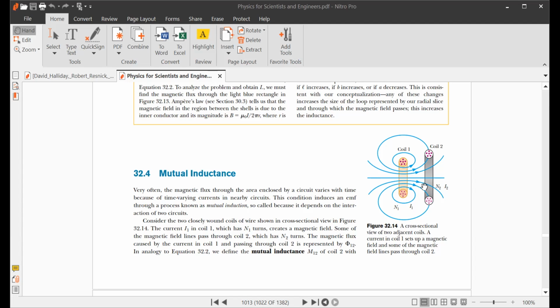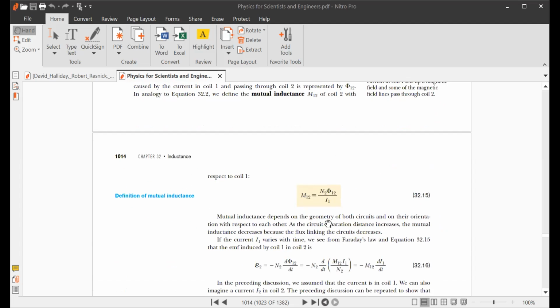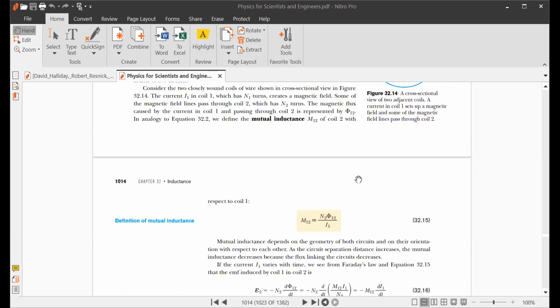But we have a condition here: this I1 should depend on time, not constant. We call this M12, the notion of mutual inductance M12. It happens in coil 2 with respect to coil 1.